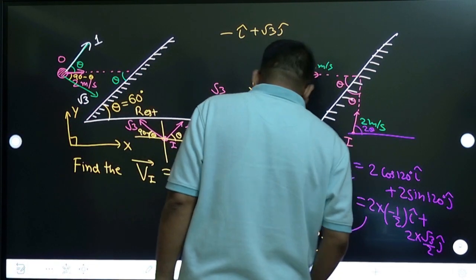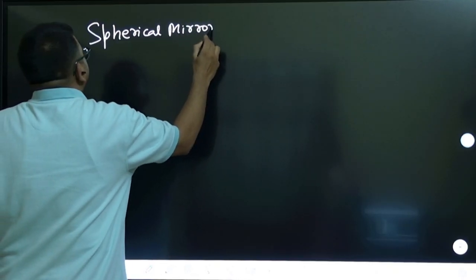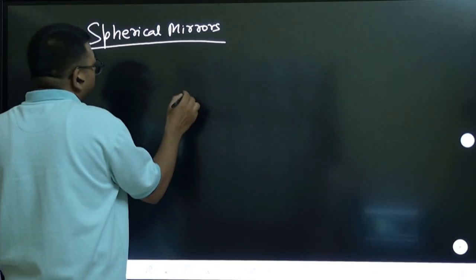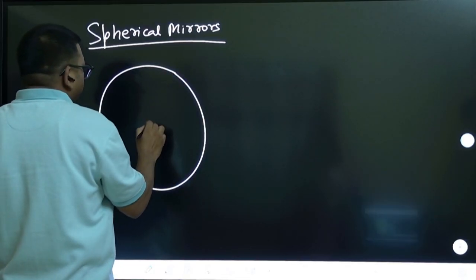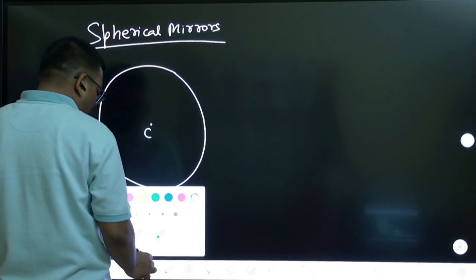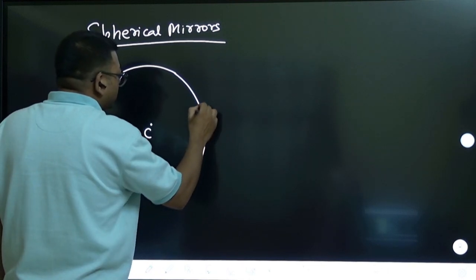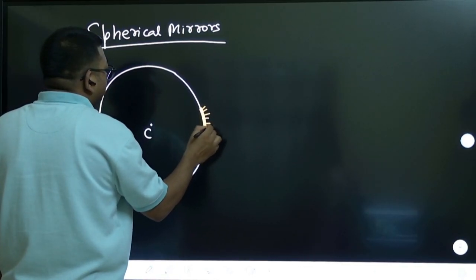Let us move next. Now we are going into spherical mirrors. Spherical mirrors. A spherical mirror is a part of a sphere. Suppose I draw a sphere with center C and radius R. Let's consider a part of this sphere, and this side is painted.